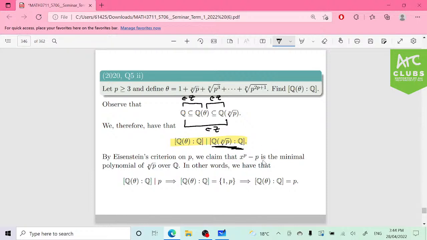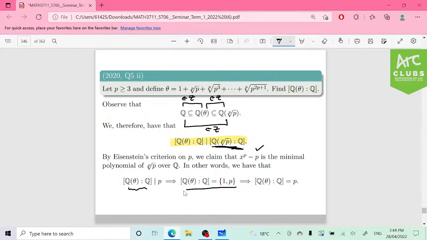So by Eisenstein's criterion, this is irreducible. And because the pth root of p is a root of this polynomial, it turns out that this has to be the minimal polynomial of the pth root of p over the rationals. And so what we get in the end is that this has to divide p, implying that this result holds.